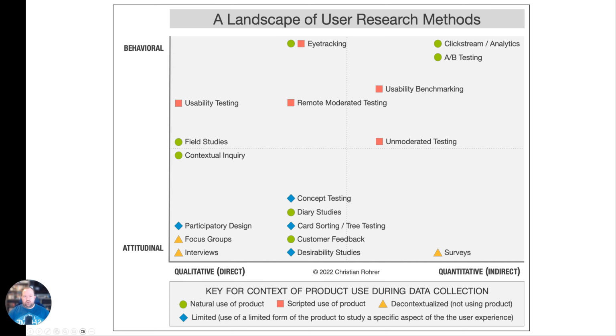So here's one of the first charts that I love. This one's super helpful if you're engaging in a project and you want to cover your bases, but you're not sure. Maybe you're doing something in a domain where there isn't an established gold standard of testing that thing. Then you can come in here and pick methods that cover behavioral to attitudinal, qualitative to quantitative.